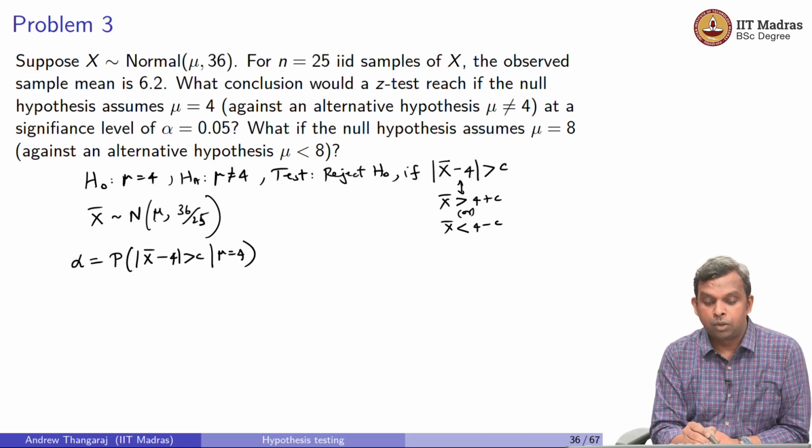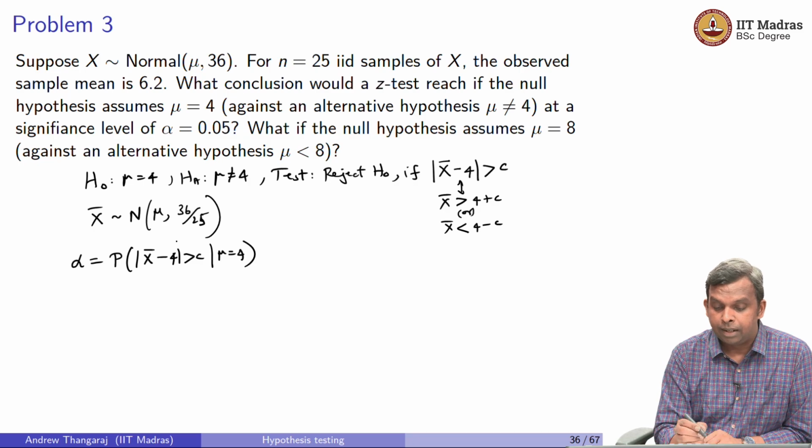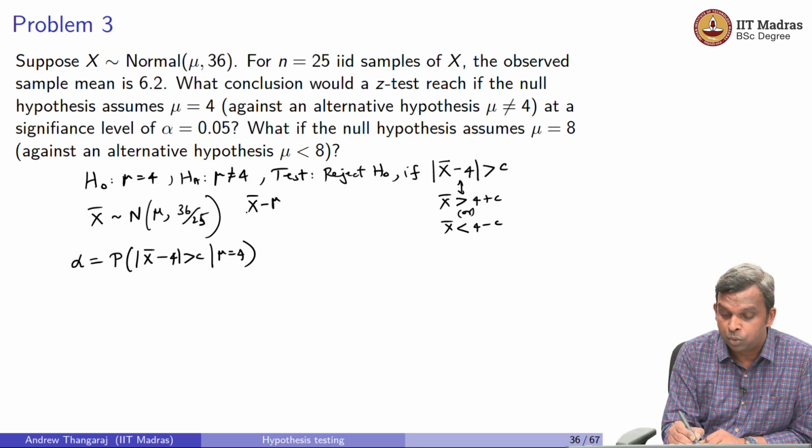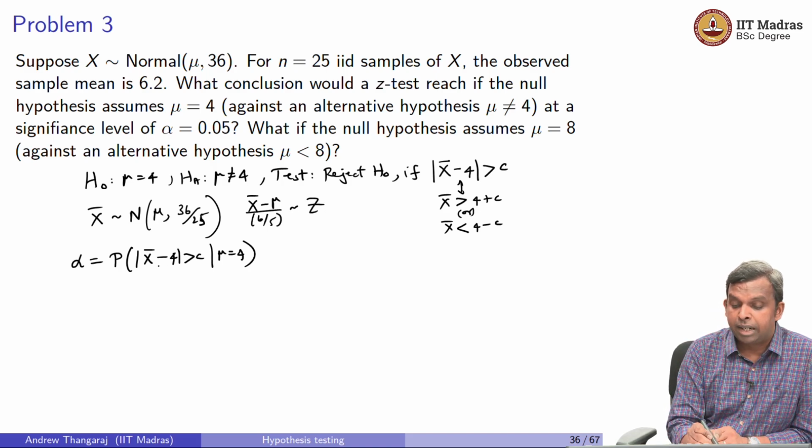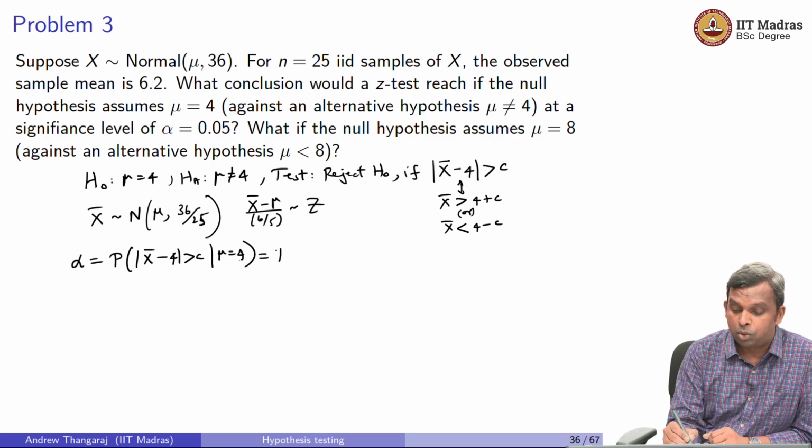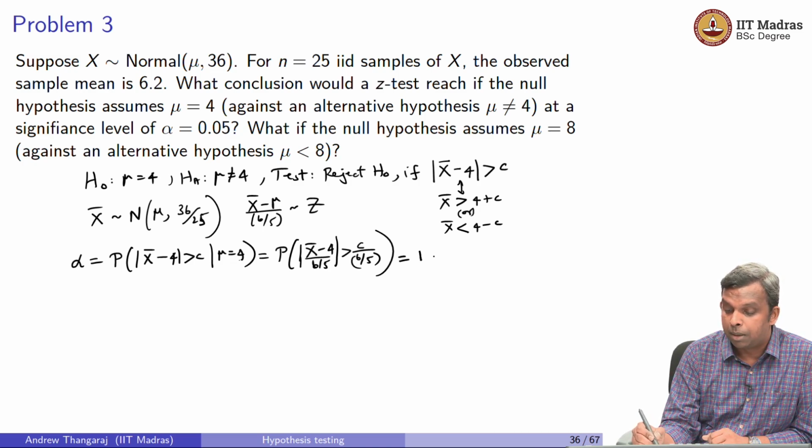Under mu equals 4, (x bar minus mu) by 6 by 5 is the standard normal distribution. So I'm going to divide both sides by 6 by 5. I'll write one more step here: the probability of mod (x bar minus 4) by 6 by 5 is greater than C by 6 by 5. This is under mu equals 4. So you will have this to be 1 minus Fz of C.